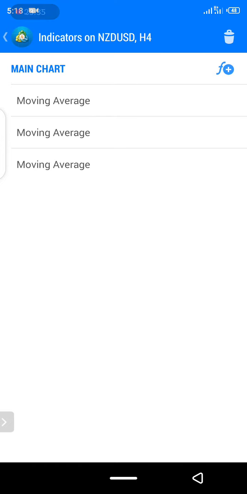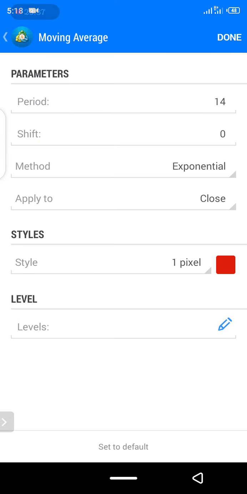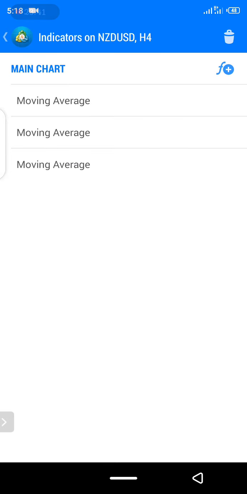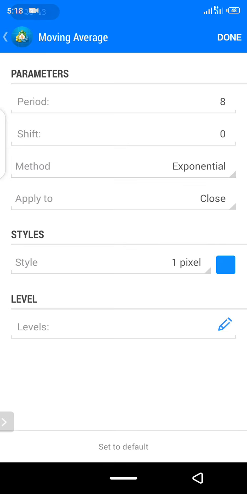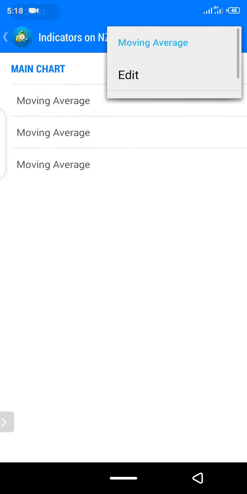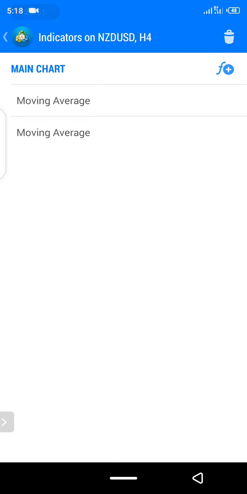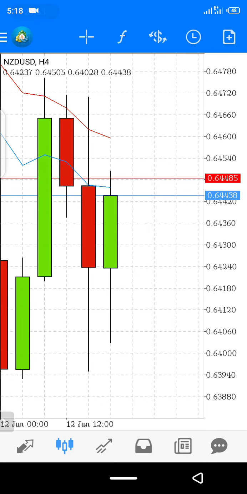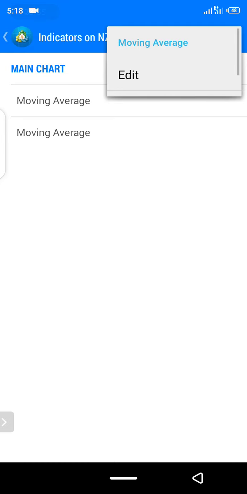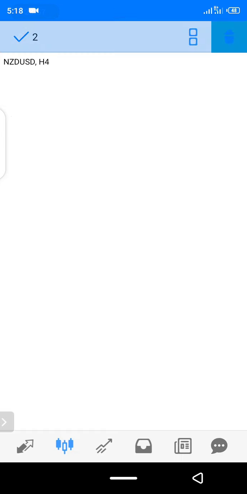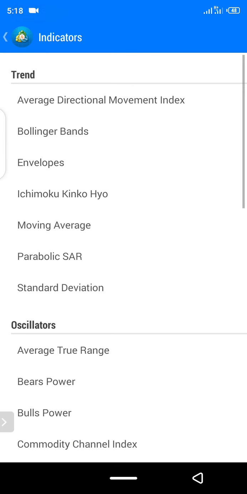My moving average accumulates, I added it today. So kindly delete. Let's delete. Now see, that's how you set your moving average. Let's clear and do it again from the start.